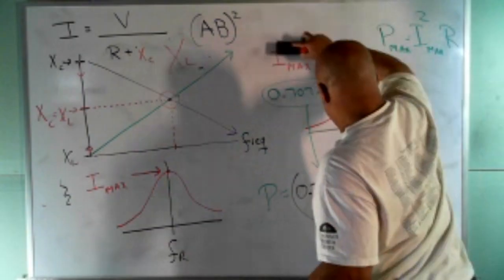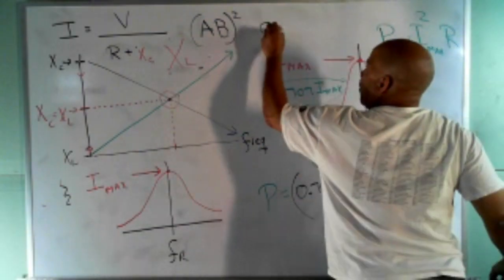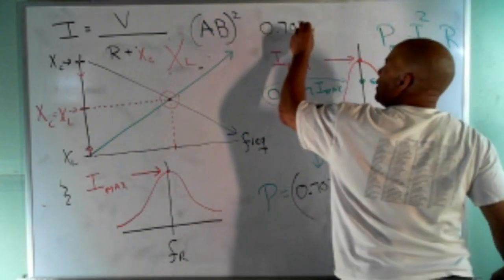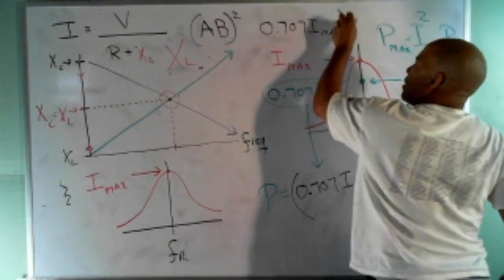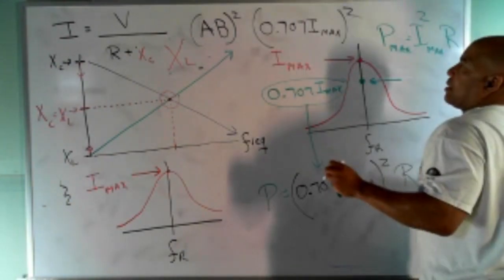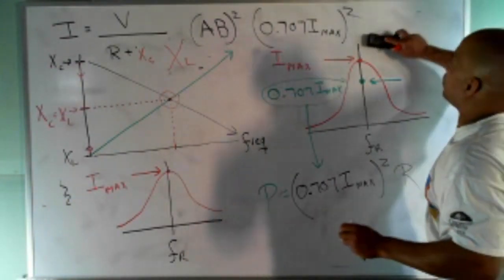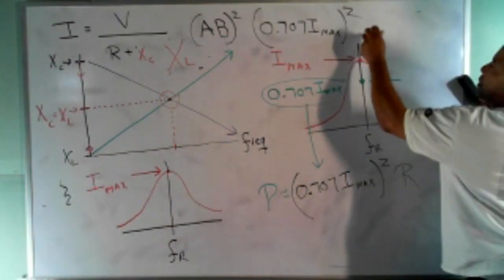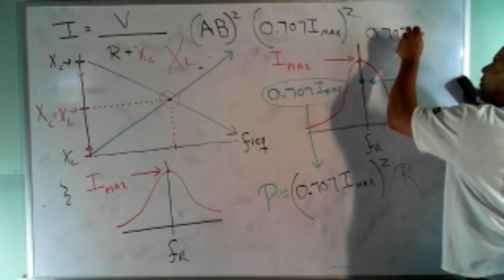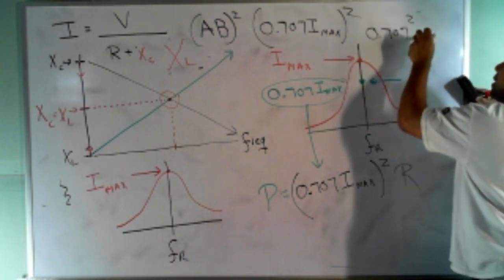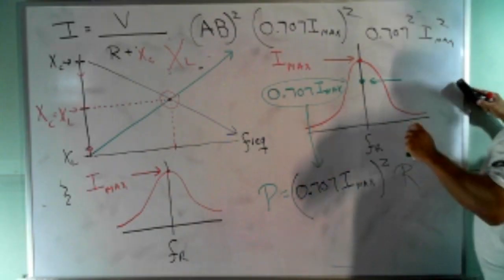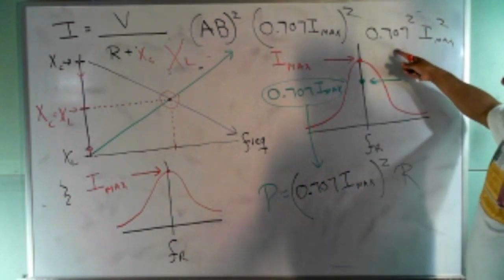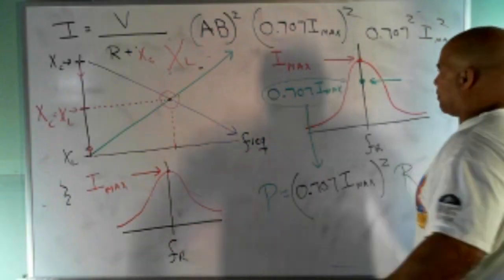If I have 0.707 times I max, squared, that's equal to 0.707 squared times I max squared. Can somebody take 0.707 and square it for me? Let me know what you get.